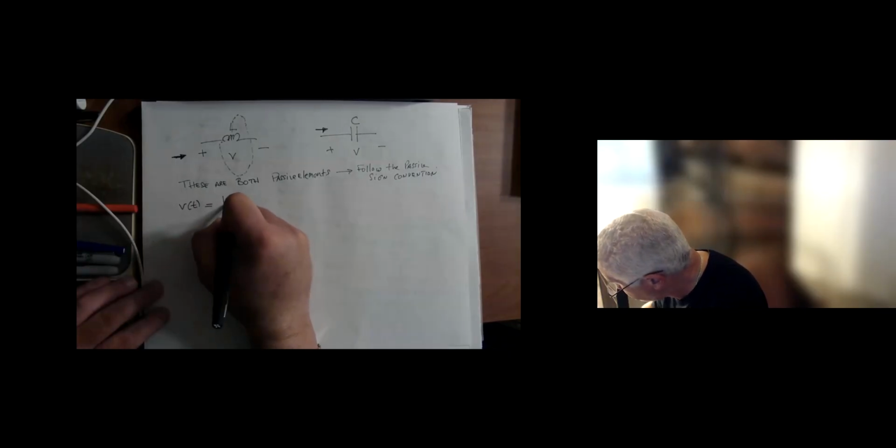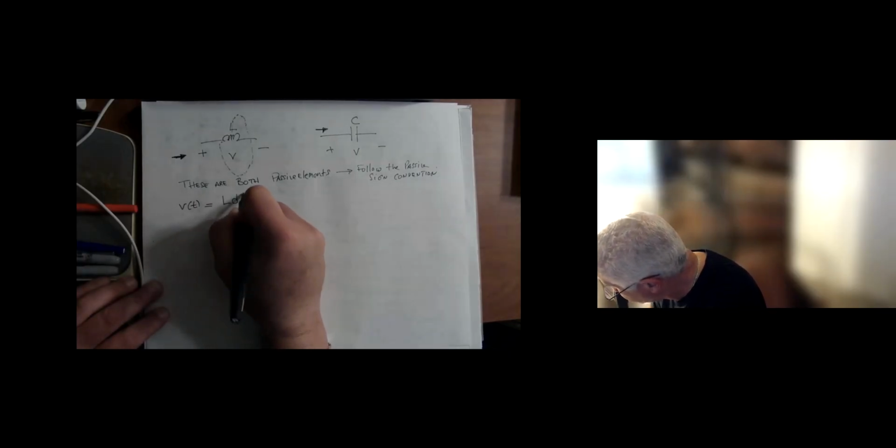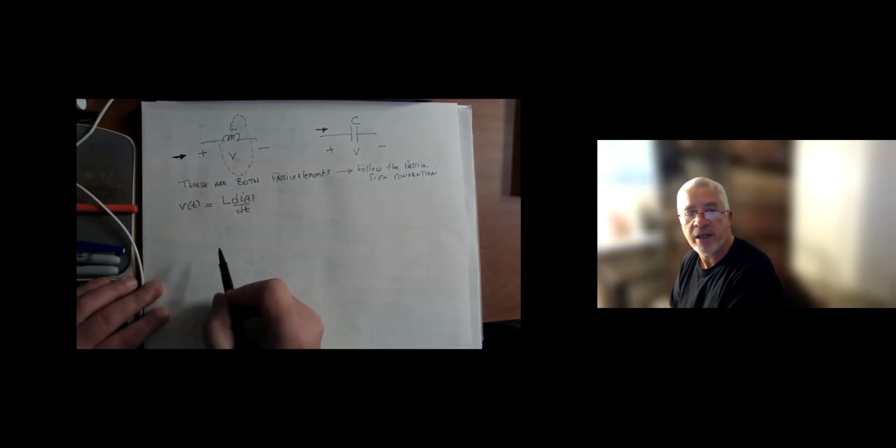Okay, so that's the first thing. And then, of course, for the inductor, one of the most important formulas is essentially the voltage. Again, we're going to start getting used to putting voltage as a function of time equal to the inductance times the derivative of the current as a function of time, di/dt. Okay, this is assuming, again, that the passive sign convention is followed.